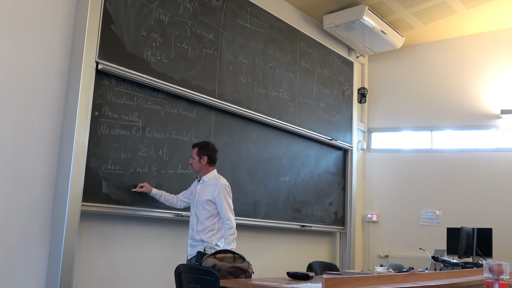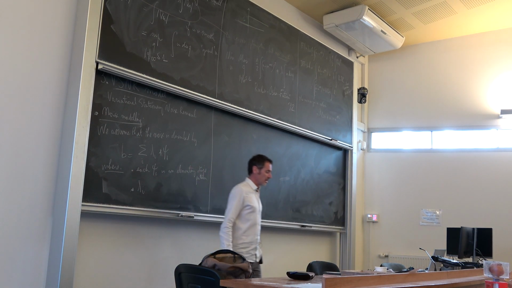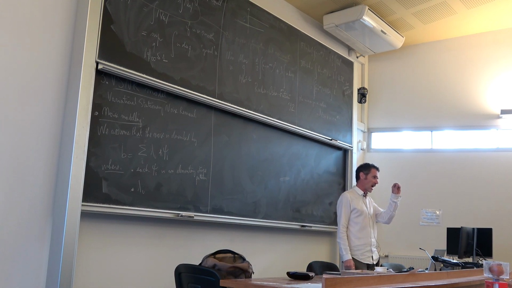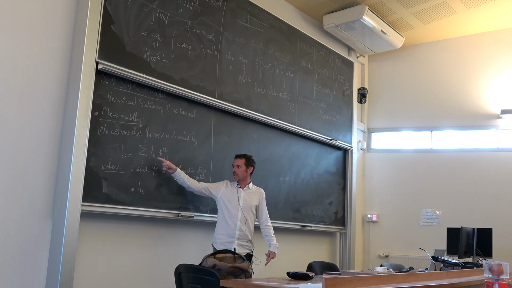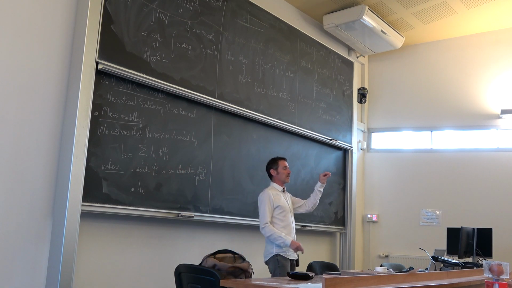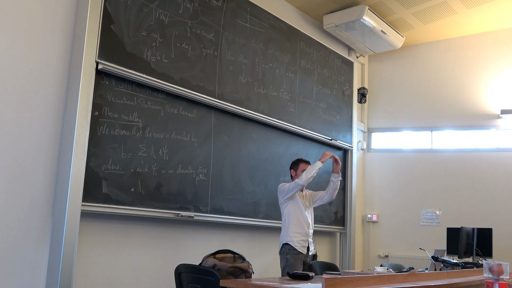And the lambda_i describes, when you convolve lambda_i with psi_i, the location of the stripes.